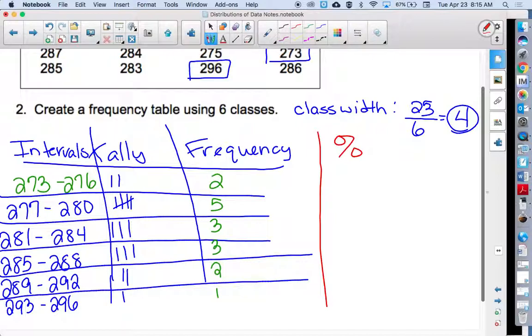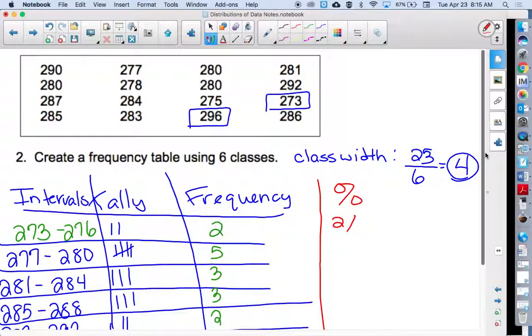So just to show you, if I was calculating a percentage, 1, 2, 3, 4, it looks like there's 16. Anybody have a calculator? What is 2 out of 16 to give me a percent? Julian? 4.5%. So then I would graph it using the percentage instead of using the frequency.